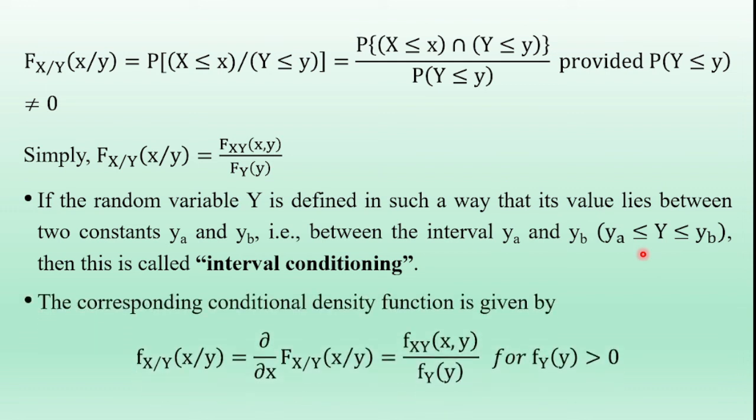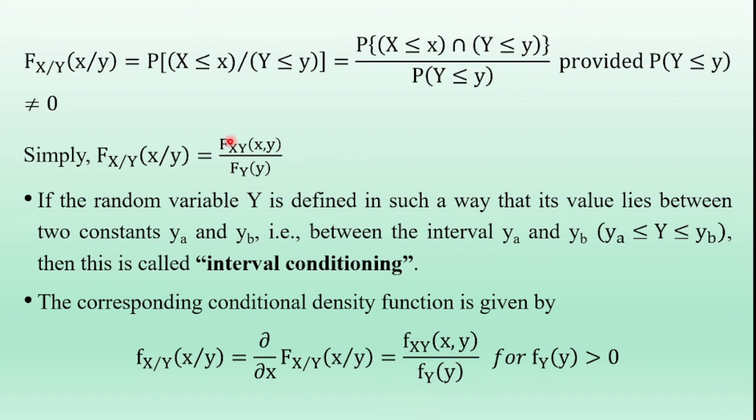So the corresponding conditional density function is given by small fx given y of x given y, which is equal to the derivative of the capital Fx given y of x given y. The density is equal to the derivative of the distribution function. The derivative of the joint distribution is small fxy of x comma y, and the derivative of the distribution function of the random variable y is the density function fy of y.